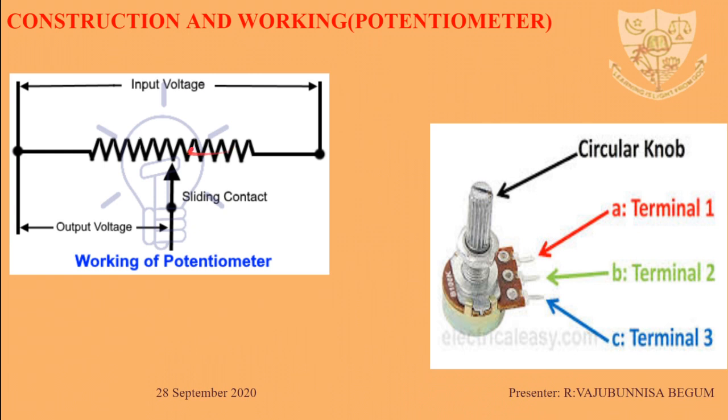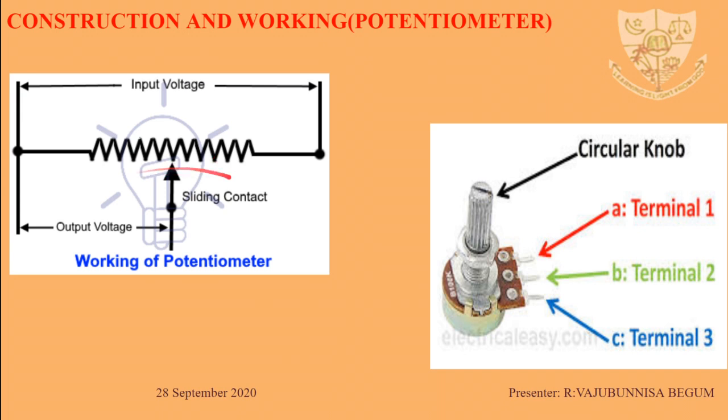The input supply voltage is applied to the entire length of the resistor. The output voltage is measured as the voltage drop between the fixed and moving contact, as seen here. The slider is adjusted manually over the resistive strip to change the resistance value from 0 to a higher value.